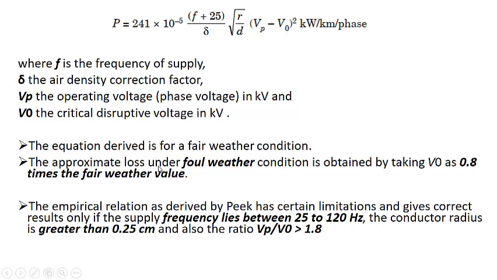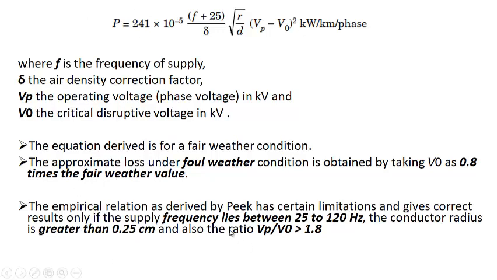The approximate loss under foul weather conditions is obtained by taking V0 as 0.8 times the fair weather value. So the critical disruptive voltage in foul weather is taken to be only 80% of the fair weather value. What I mean to say is that actually it decreases, but to get any value, it has to be taken as 80% of that value.